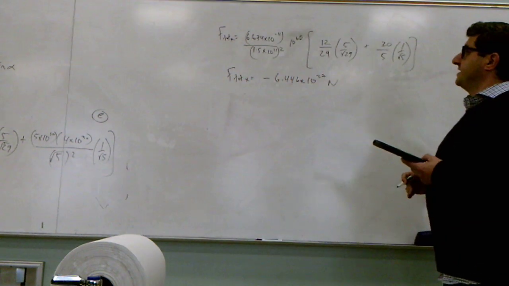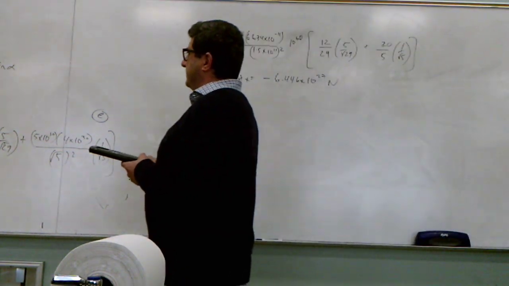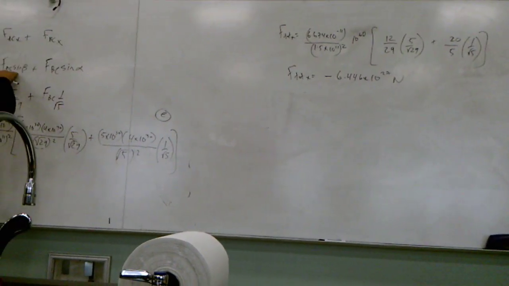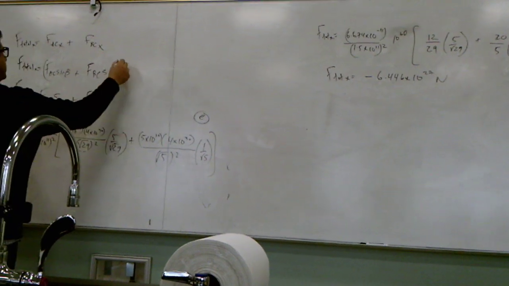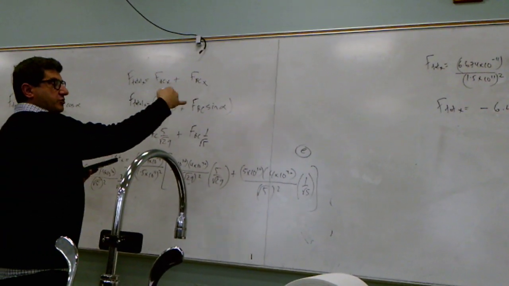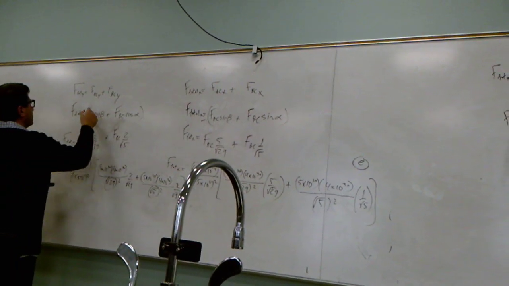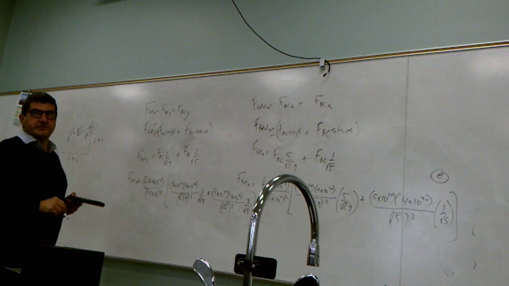Now, why did I put a negative? Because they're both to the left, right? The x. So actually this is just negative here, right? Because both the x directions of the forces were to the left, and both of them are down. So this is also negative.